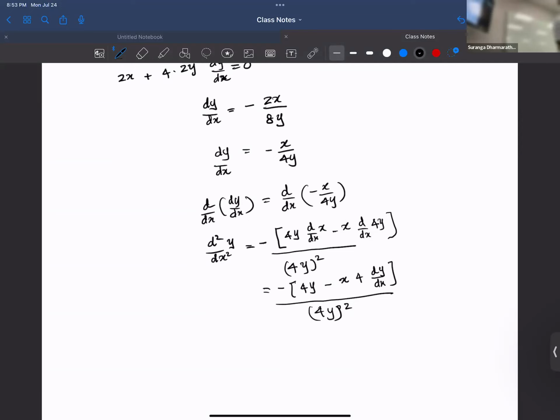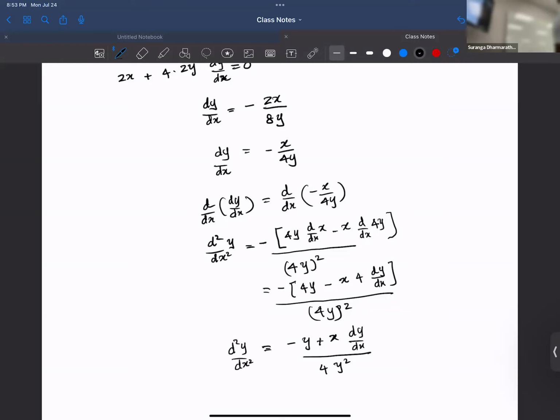So you have 4 in here, 4 in here, and then 4 squared in here, so you can cancel one 4. And if you multiply by negative, this becomes negative y plus x times dy over dx divided by 4 times y squared. So that's d squared y over dx squared.